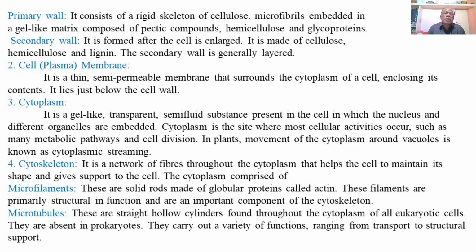Then, microtubules are straight, hollow cylinders found throughout the cytoplasm of all eukaryotic cells, and they are absent in prokaryotes. They carry out a variety of functions, ranging from transport to structural support.